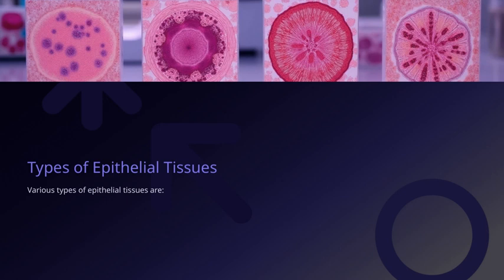From simple to stratified and squamous to columnar, each type has a specific structure that suits its function. Recognizing these differences is key to understanding both normal physiology and how diseases can affect these tissues. This diversity truly highlights the remarkable adaptability of epithelial tissues within our overall body system.